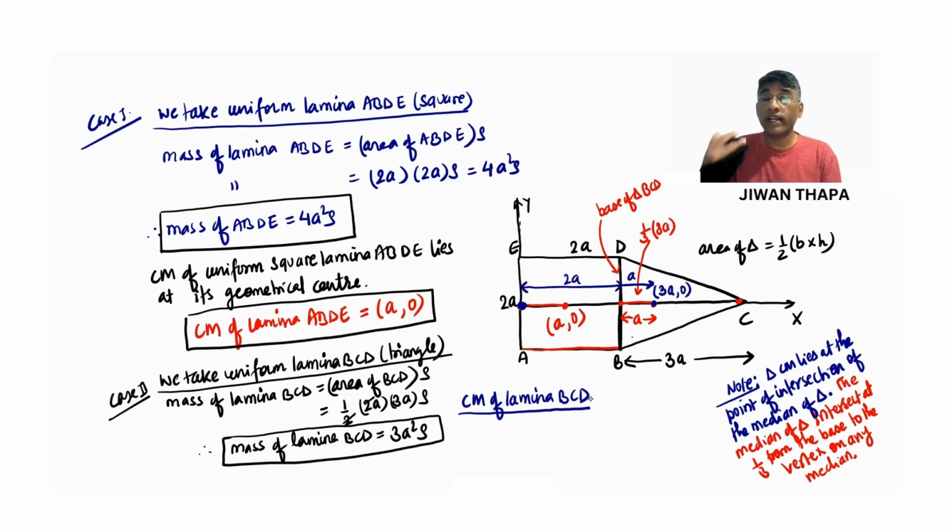Okay? The y coordinate of the center of mass is 0 because the center of mass lies on the axis of symmetry. So the coordinate for the center of mass for lamina BCD, that is the triangular lamina, is 3A, comma 0. So we have this. Okay. So this is to be noted.